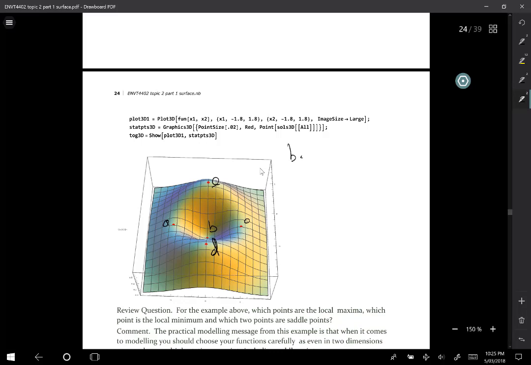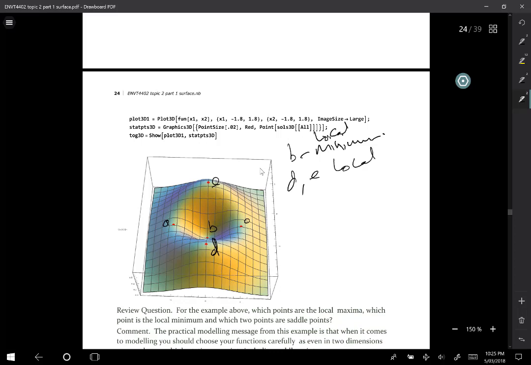So from the diagram, B is a local minimum.